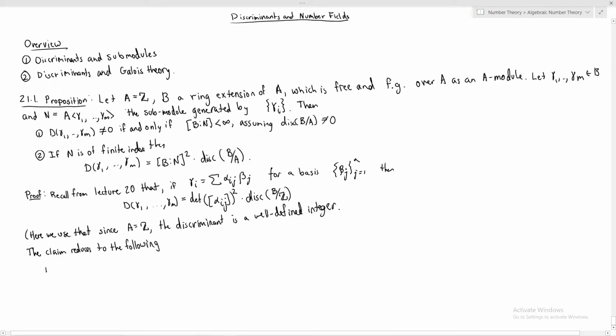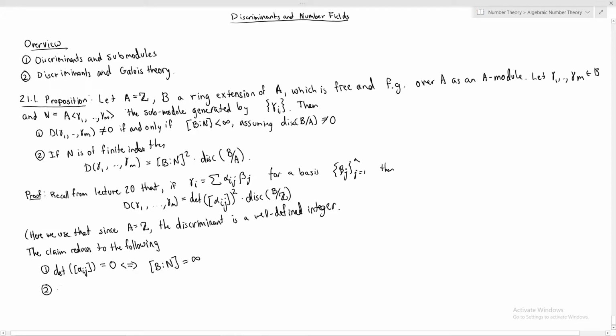So 1 reduces basically to this determinant of the alpha ij is 0 if and only if the index of N in B equals infinity. So this is equivalent to 1 up here using this formula.